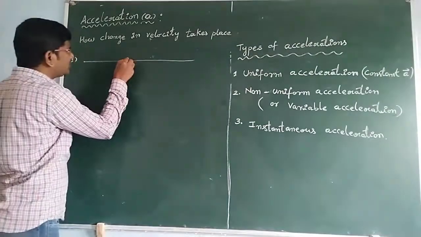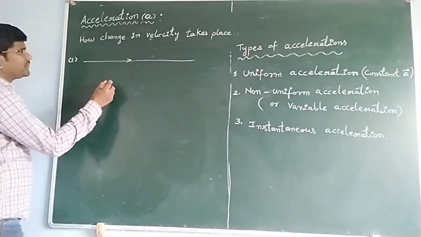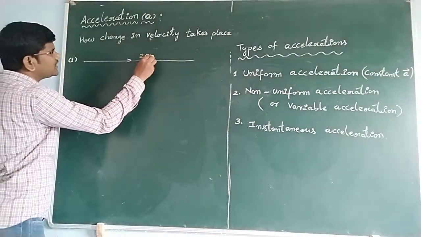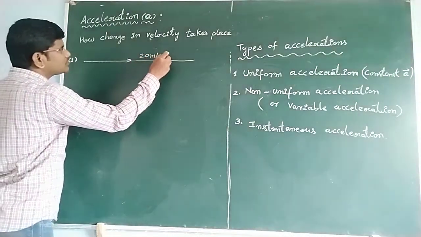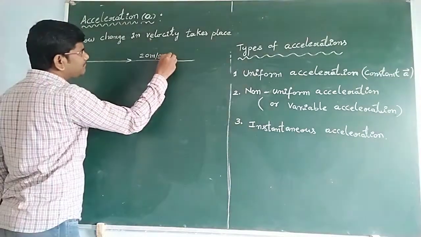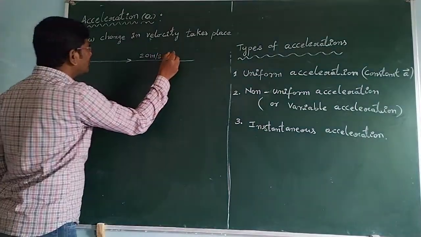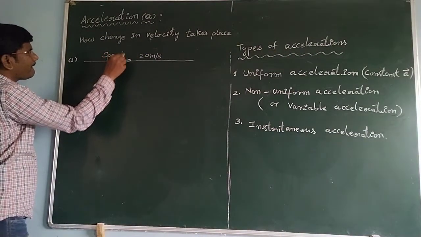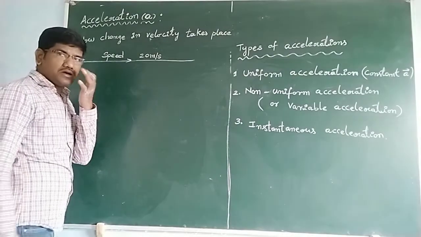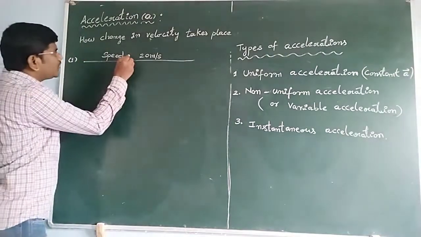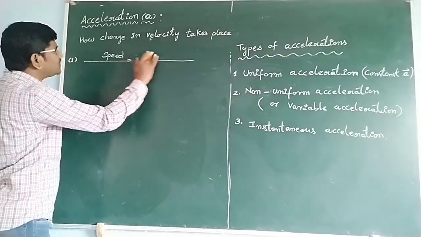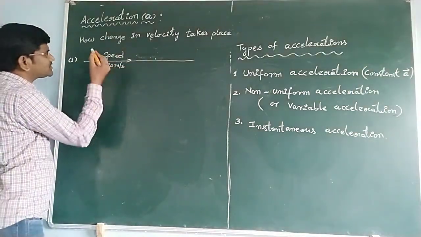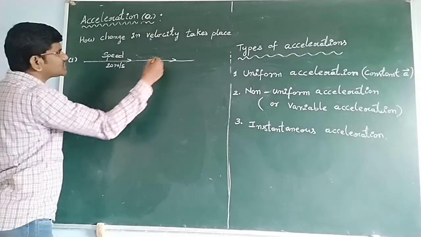On the straight path it is going, this is the direction, and the speed is considered, it is going with a speed of 20 meters per second. So this is called what, students? Speed. Okay students, speed is 20 meters per second. It is going on this straight line path with a speed of 20 meters per second, and the direction is constant.